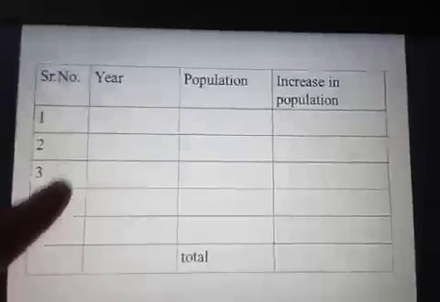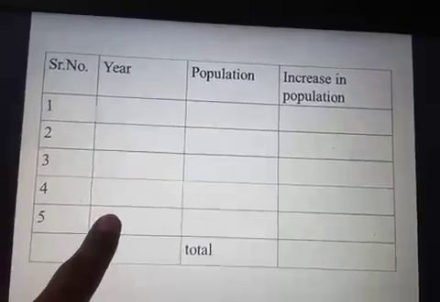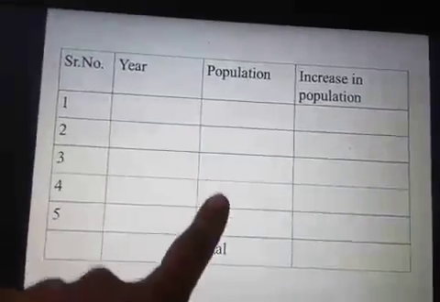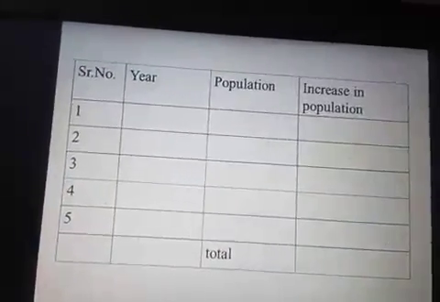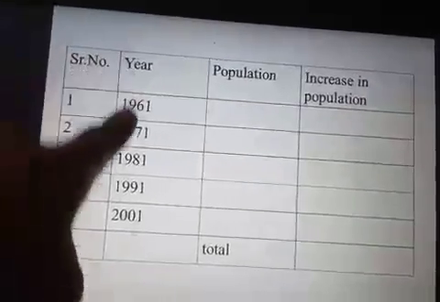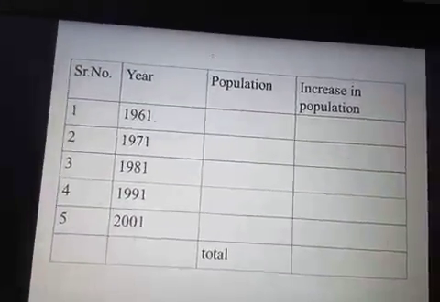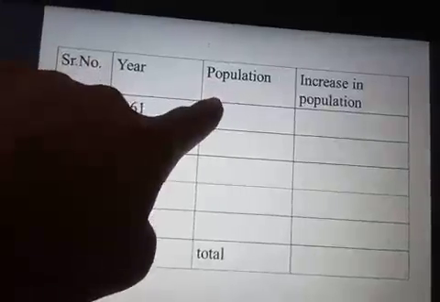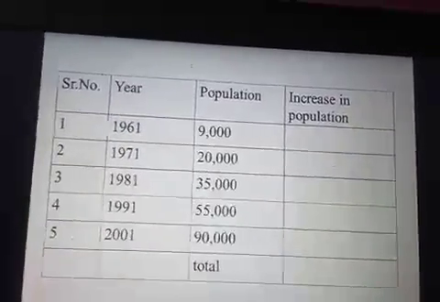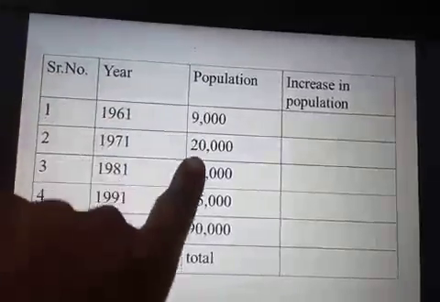Write years in this column. This is the year column we have written here. Next, write populations in the population column. This is the population column.